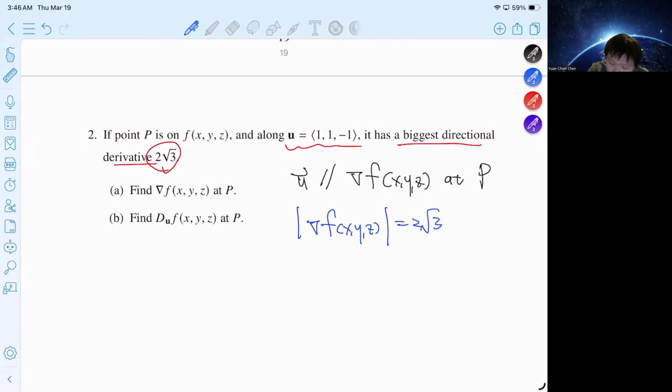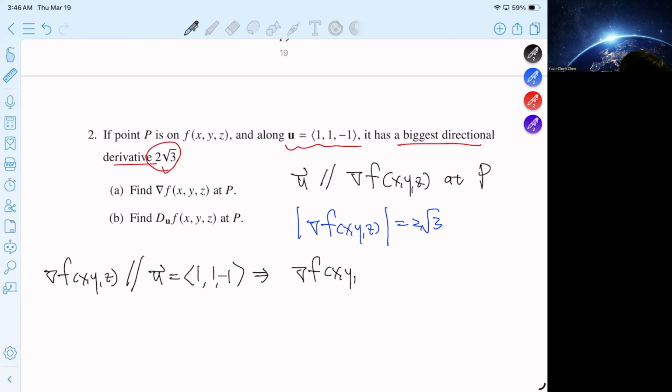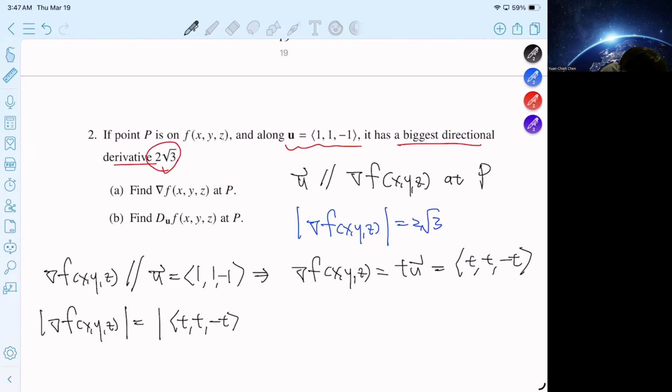If the gradient of f is parallel to u, which is (1, 1, -1), then we can write the gradient as t times u, so (t, t, -t). We also know the magnitude of the gradient is the magnitude of (t, t, -t), which is the square root of t squared plus t squared plus negative t squared.